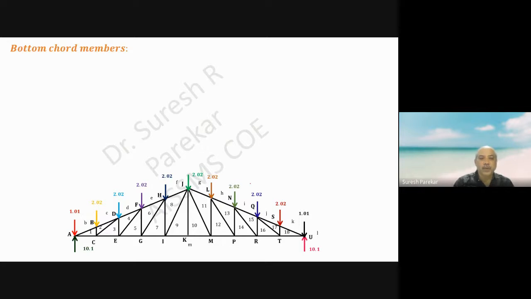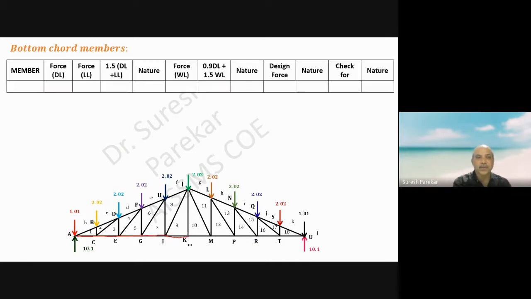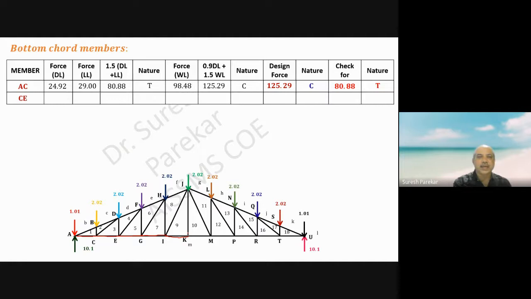Now we will go for bottom chord members. These bottom chord members are AC, CE, EG, then GI, and then IK. You can see one by one. First we have AC, and the values are 125.29 kilonewton and 80.88 kilonewton.